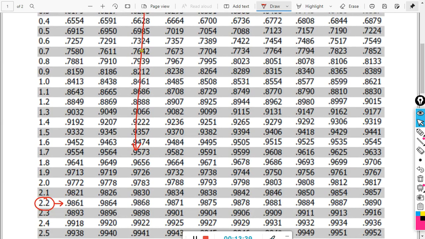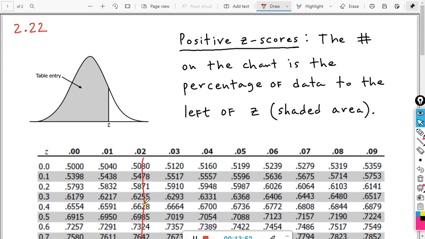All right, we're going to keep going down. And over here, we keep going to the right. And they meet at 0.9868. So that's going to be the area to the left, 0.9868.